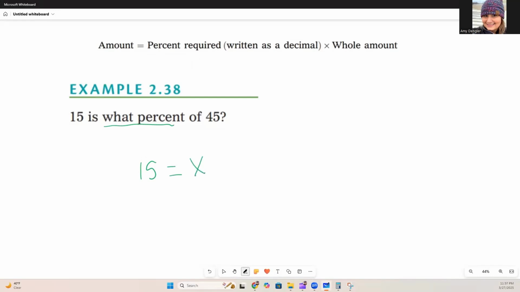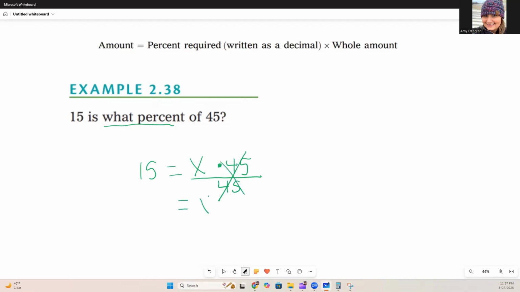And then we're going to multiply that by 45. So we need to solve for x. To do that, we need to, on this side, get rid of 45, so we're going to divide.